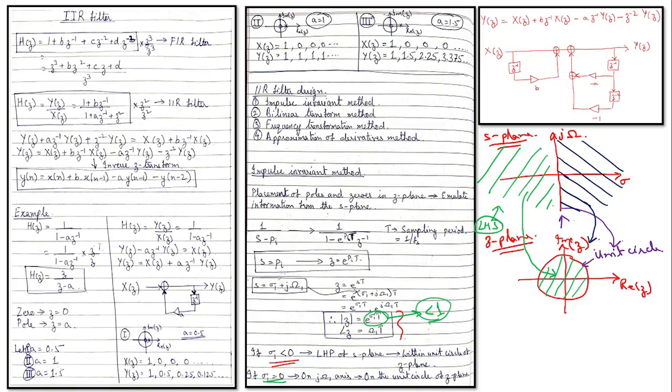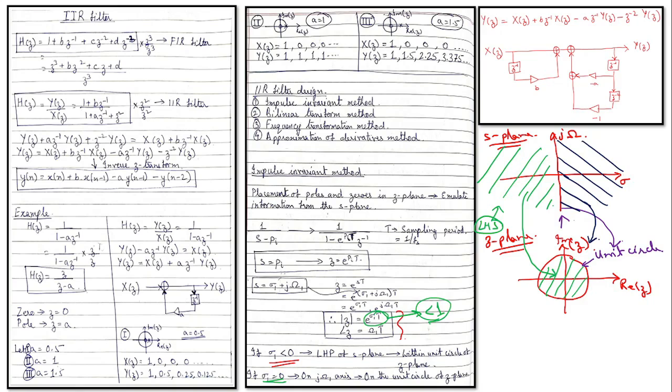By analyzing our previous information and by looking into the interrelationship between the S plane and the Z plane, while we implement the impulse invariant method for designing digital filters, we can see that if the analog filter which we are trying to emulate is stable in nature, then the digital filter would also be stable.